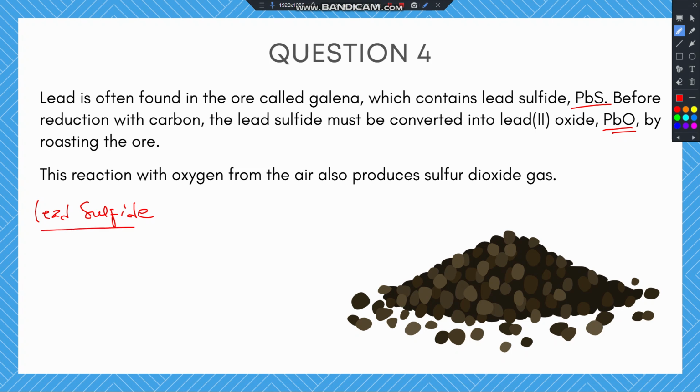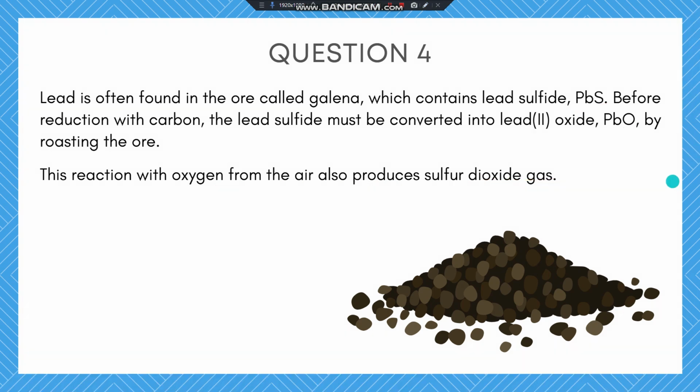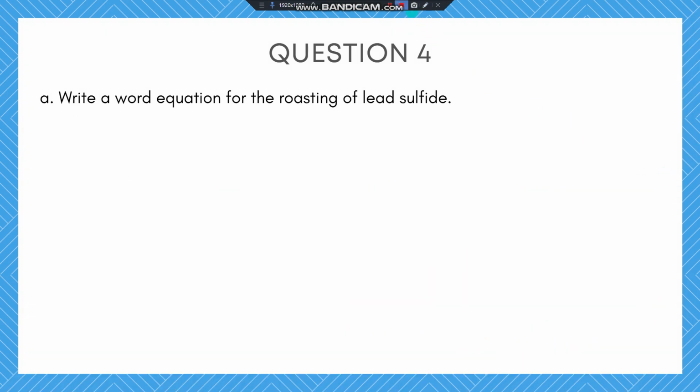How? By reacting it with oxygen. So when lead sulfide reacts with oxygen, it produces lead 2 oxide. And then they said this reaction with oxygen from the air also produces sulfur dioxide gas. So we write sulfur dioxide. That is the word equation for the first question.